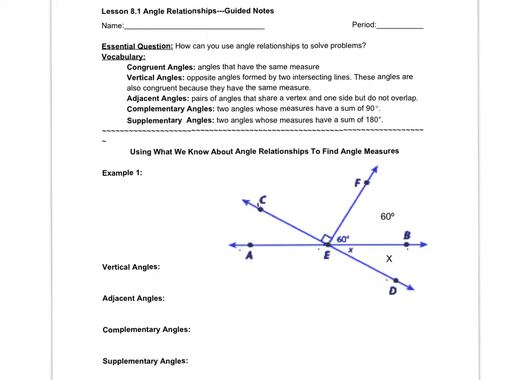And these two are intersecting lines, and they intersect at point E. So the two angles that form are angle CEA and angle DEB. So my pair of angles I have listed like this: CEA and DEB.